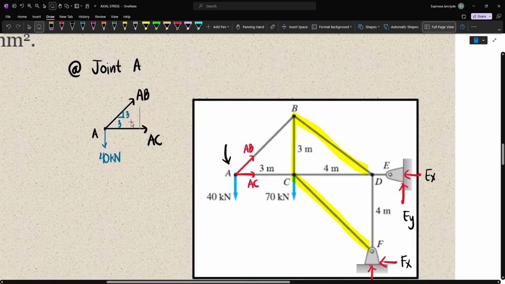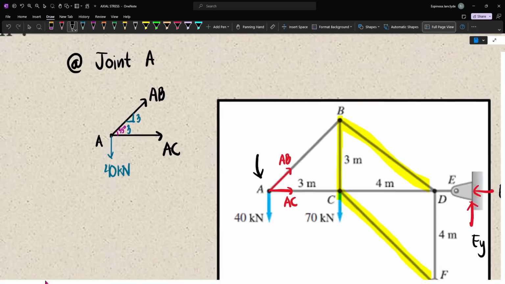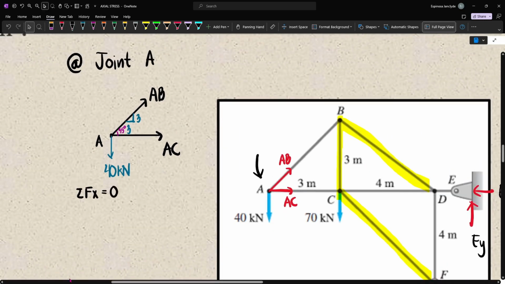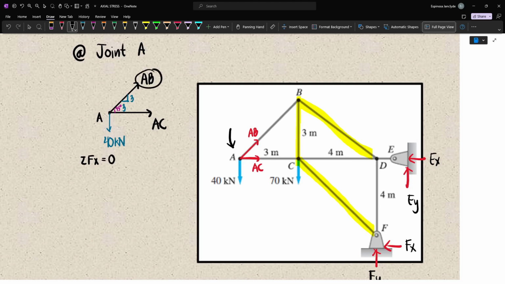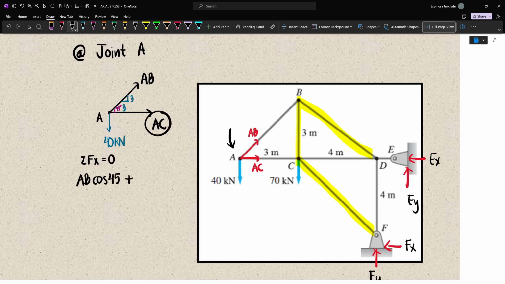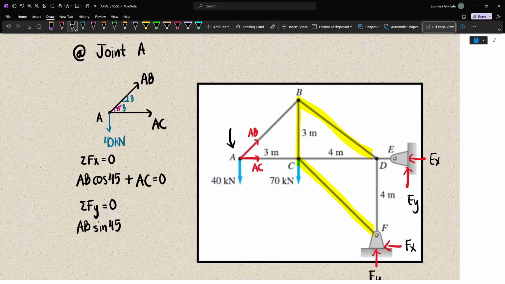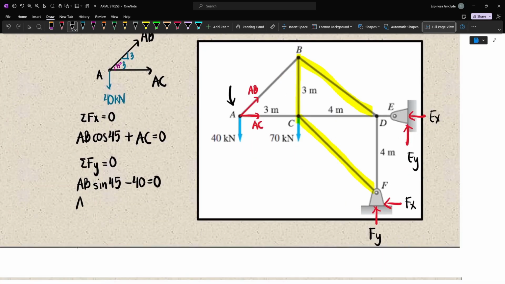First, we can sum up forces horizontal. We have AB cos 45 plus AC, and since we don't have any horizontal external forces, that will be equal to 0. Summing up forces vertical, we have AB sine 45 minus 40 is equal to 0. Simplifying that, AB sine 45 is equal to 40.